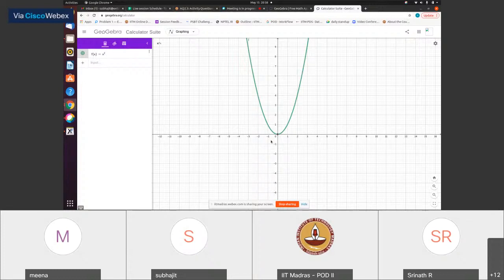So this horizontal line, the x-axis line. So it is the x-axis. Now suppose I am taking x equal to 1.